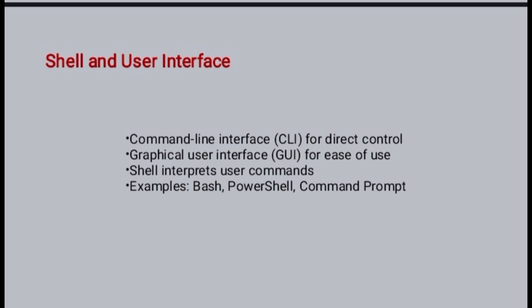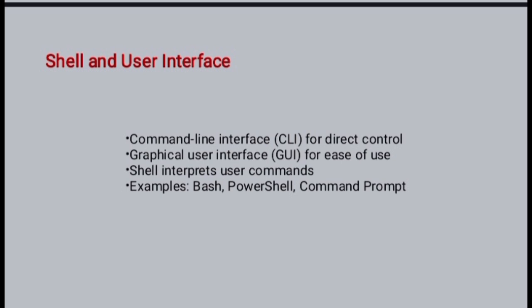This slide describes how users interact with the operating system. It highlights two main types of user interface. Command line interface: users interact by typing commands directly into the terminal or console. This provides powerful and direct control over the OS. Next is the graphical user interface.